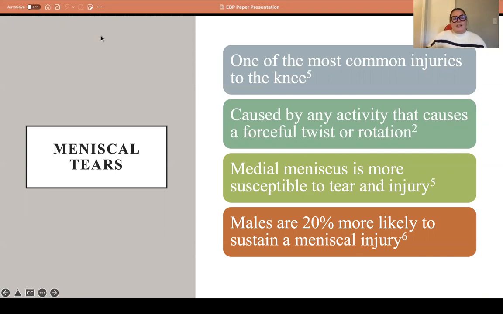Medial meniscus tears and injuries occur at a ratio of 2-to-1 compared to the lateral meniscus. This is due to the direct attachment of the medial meniscus to the MCL and the joint capsule. And then also, males are 20% more likely to sustain a meniscal injury than females.